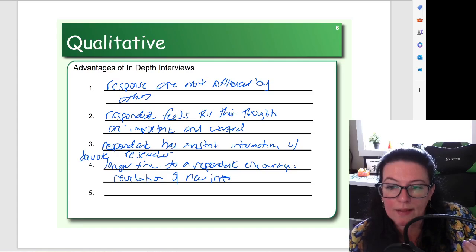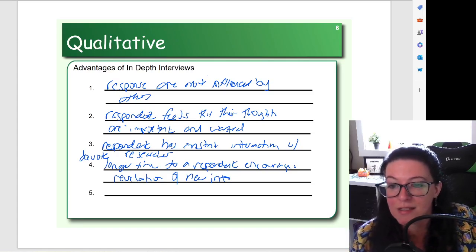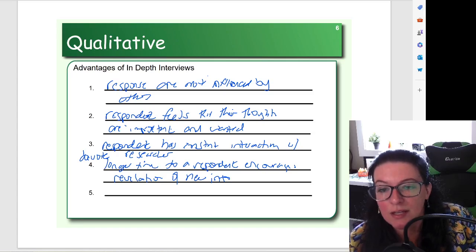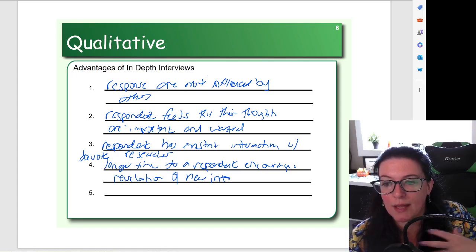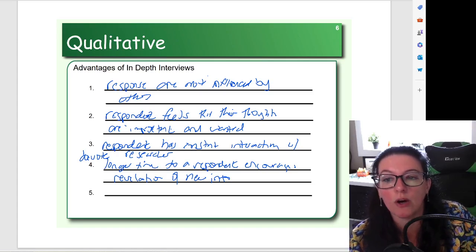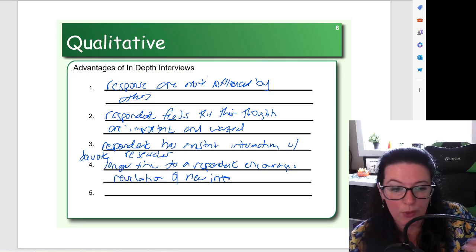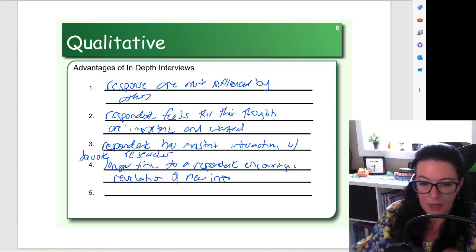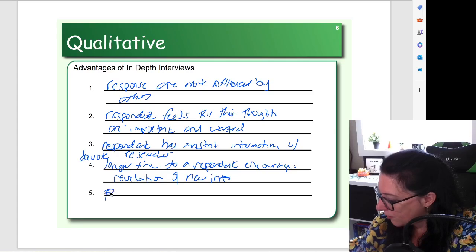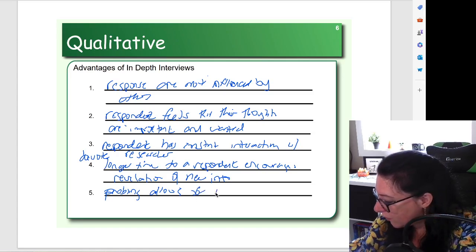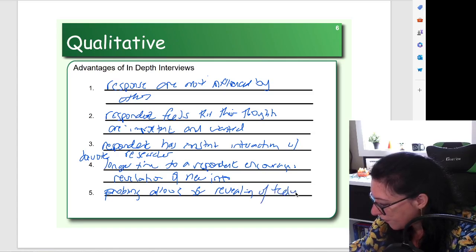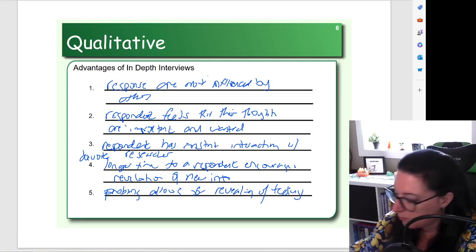then you are likely to go into different areas, different avenues with each individual. Because you are leaving it quite open and giving them the chance to talk uninterrupted for a longer period of time than we would with a focus group. And so we can then probe, which allows for revealing of feelings and motivations.